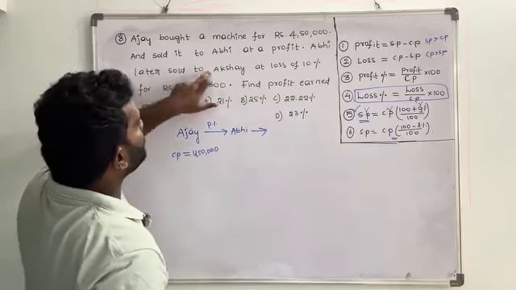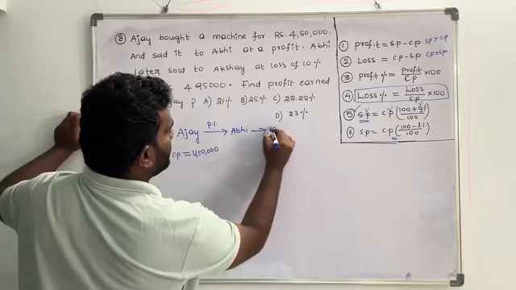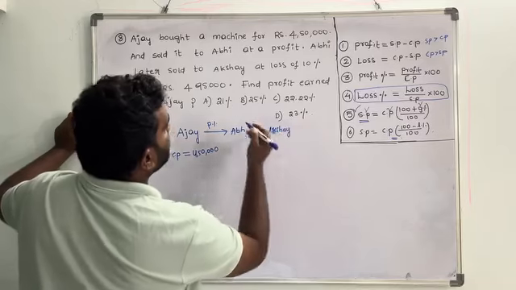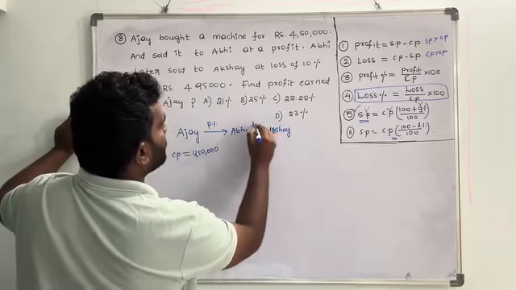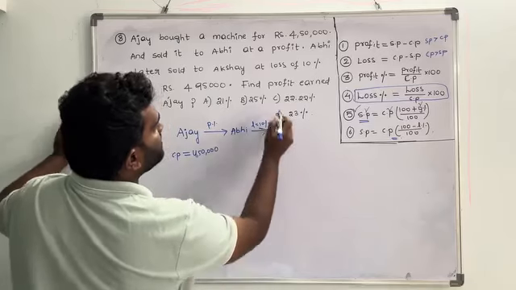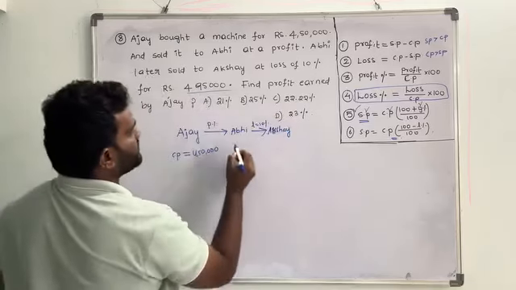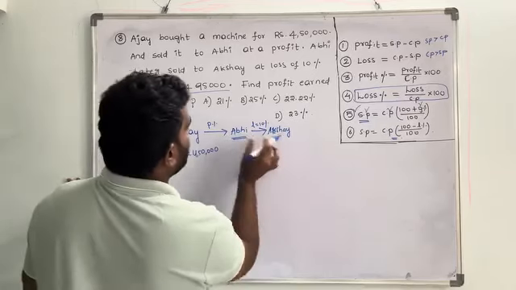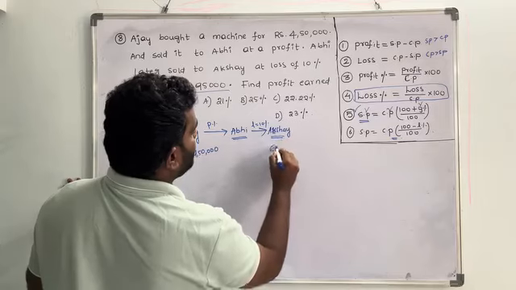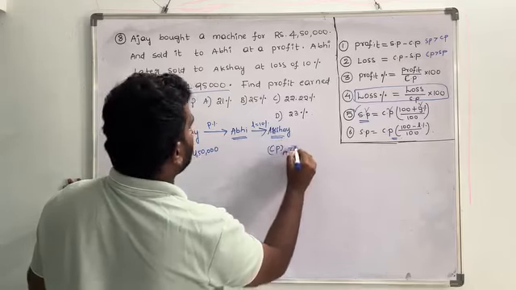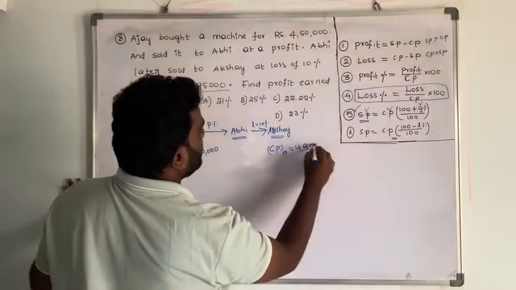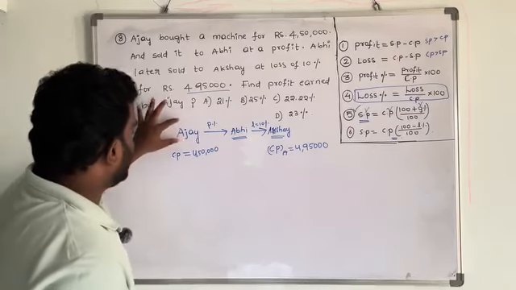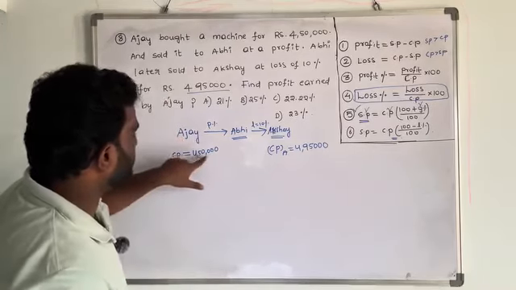Abhi later sold to Akshay at a loss of 10% for rupees 4,95,000. That is Abhi's selling price, so the cost price for Akshay is equal to 4,95,000. Now if you observe the sequence here, Ajay's cost price is 4,50,000.